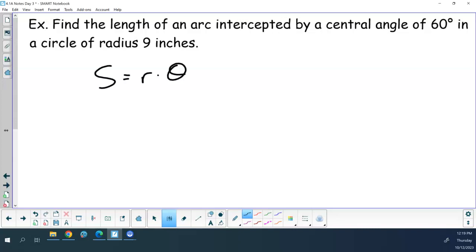No. Okay, no, can't use it. So I got to convert it to radians first. So I've got 60 degrees here times, I want it in radians, so that's going to be pi radians over 180 degrees. So that ends up giving me pi over 3. That's my radian measure.